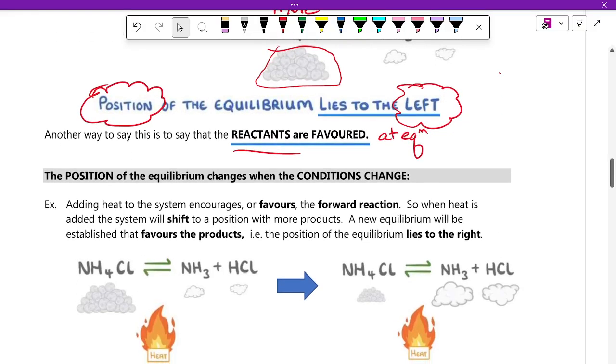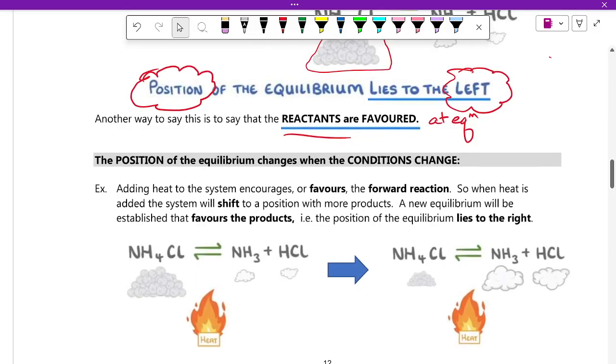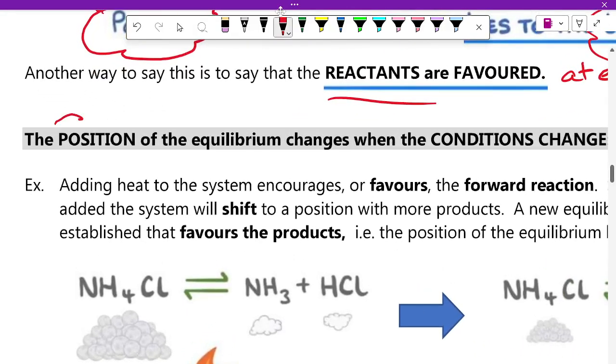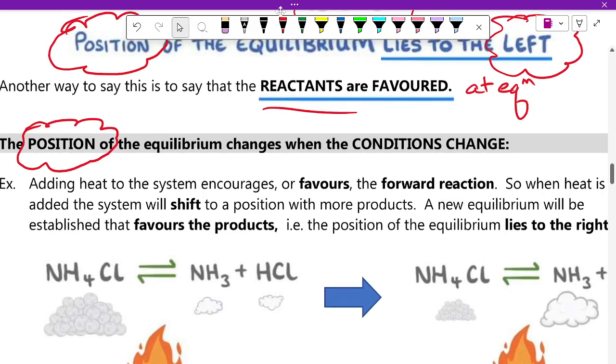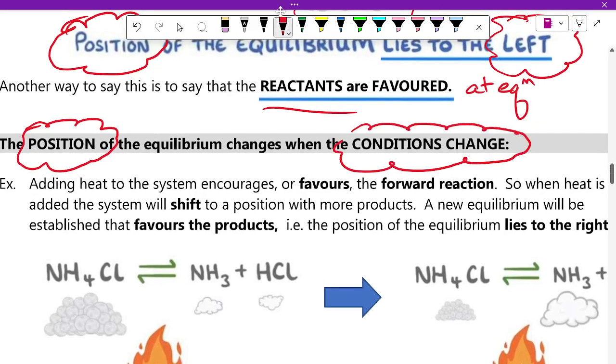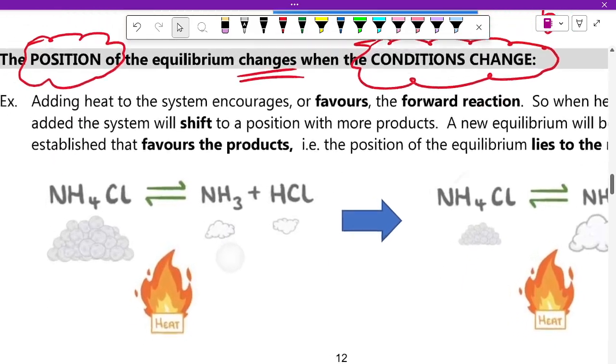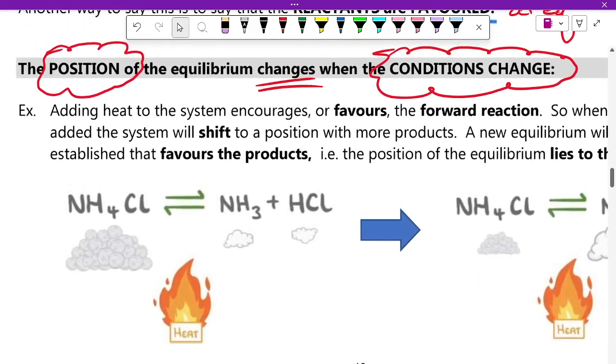Now, we can change the position by changing the conditions. So the position changes when the condition changes. For example, if we are at equilibrium, this is our original equilibrium.